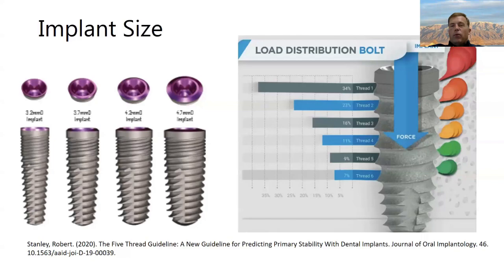Stress is the unit of force over area. So if we have a given force, say a person's maximum occlusal force, and we spread it over a larger area, the per square millimeter stress will go down. So we want to protect the bone to implant interface, because that can be a major region of failure.